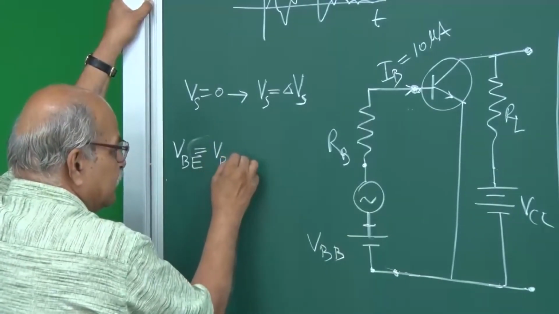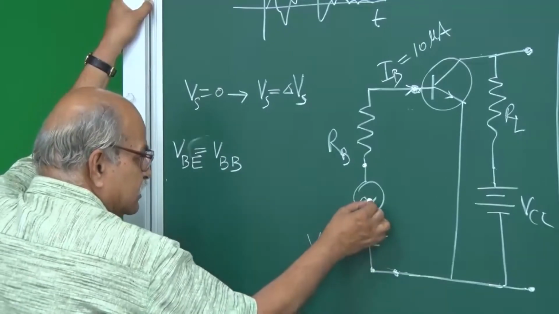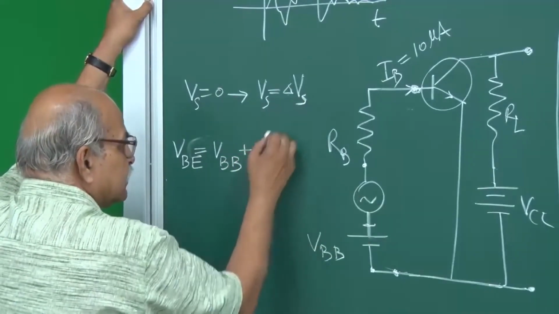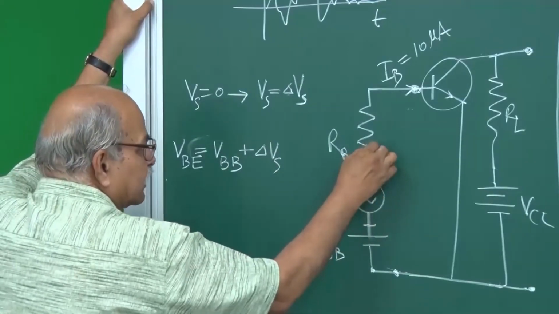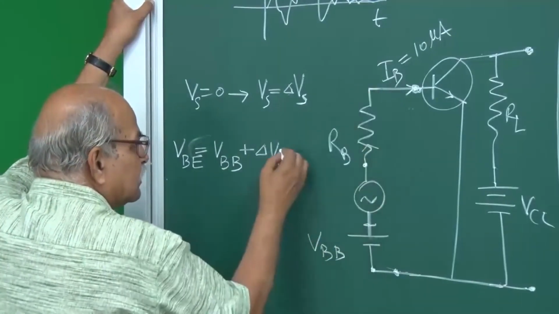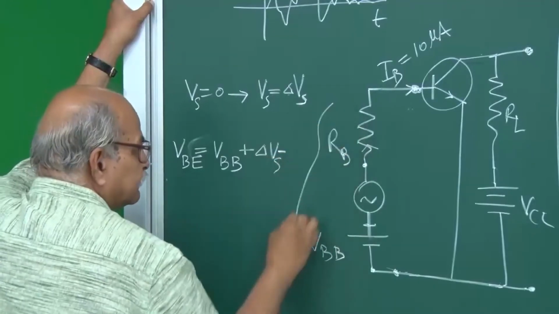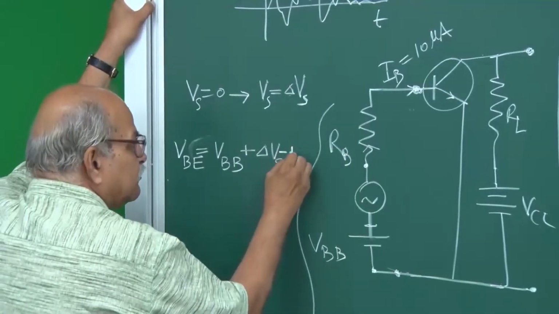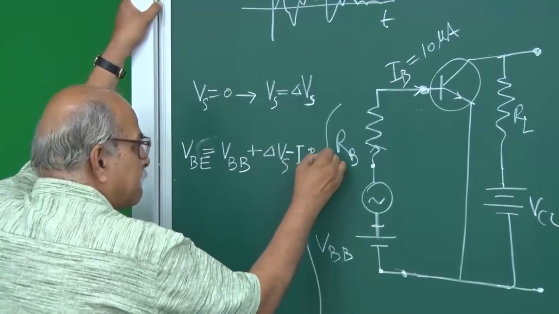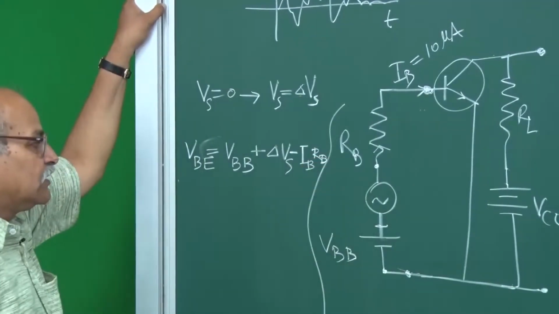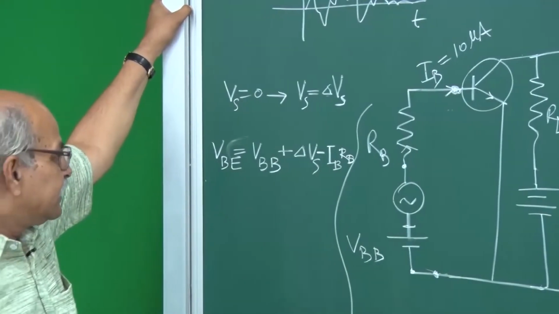So it is VBB, and then plus Vs, which is delta Vs here, and then how is the current? This is how the current is. So the voltage is dropping, so it is minus IB into RB.